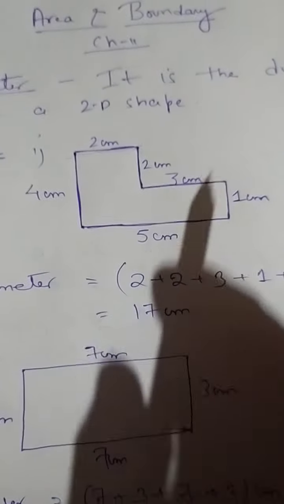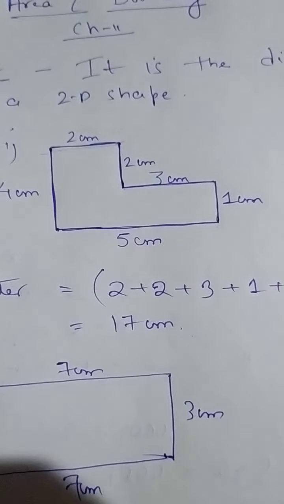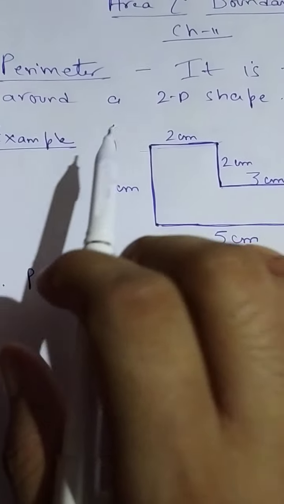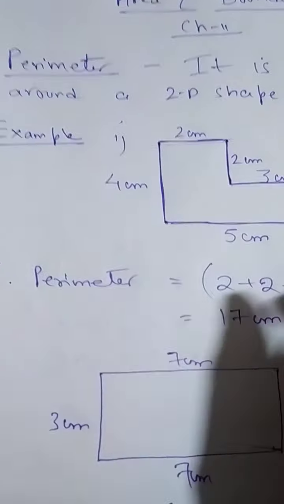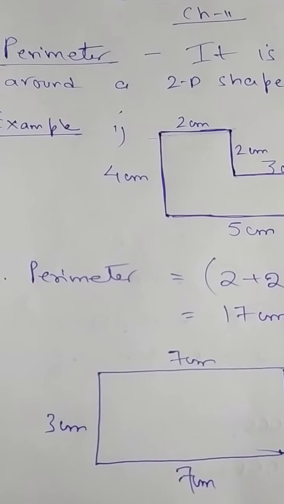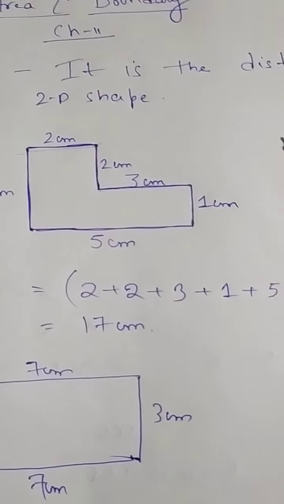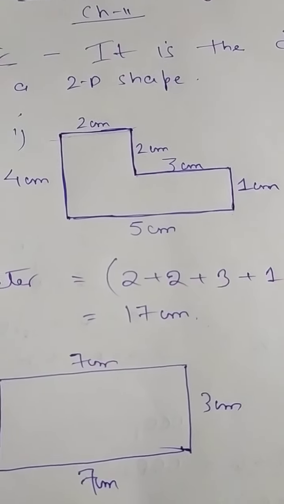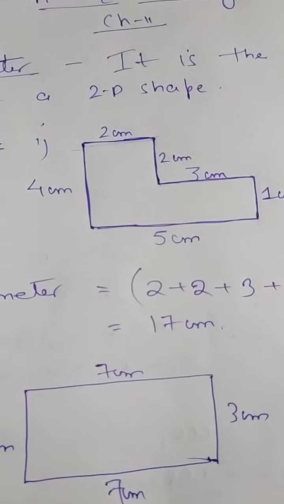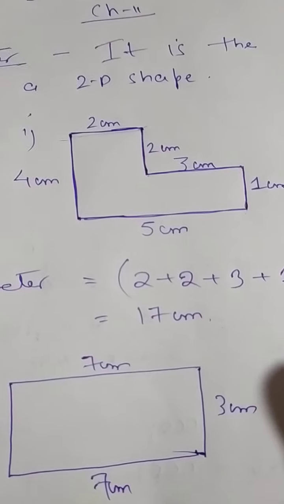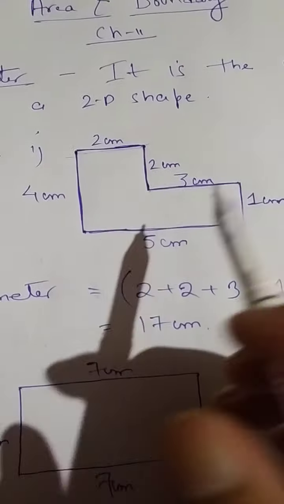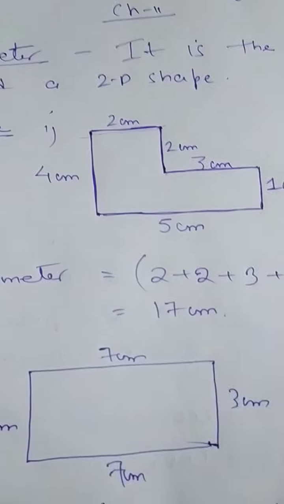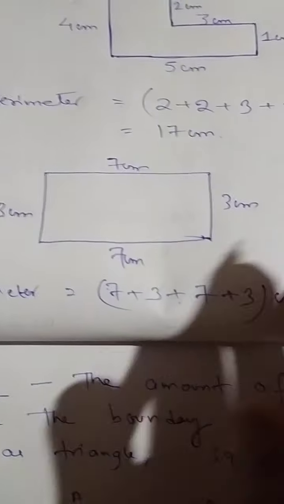Another simple definition of perimeter is the sum of the lengths of all sides of a 2D shape. Ultimately here we are adding the lengths of all the sides. Simple. One more example I have taken.